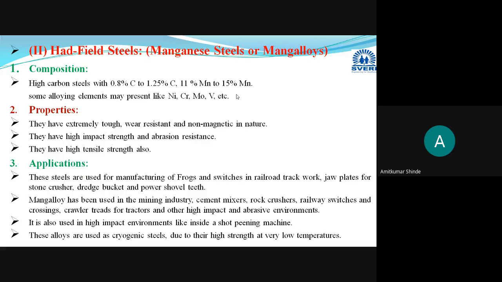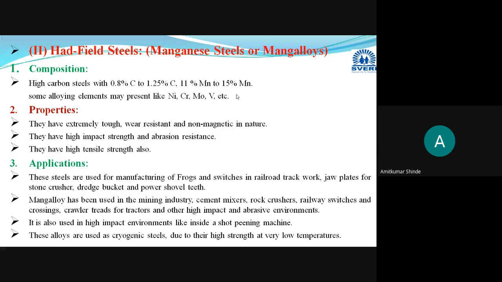Then dredge buckets are there. Then power shovel teeth are there. All these are manufactured with the help of Hadfield steel, which has very high strength, high tensile strength, and very good wear resistance also.